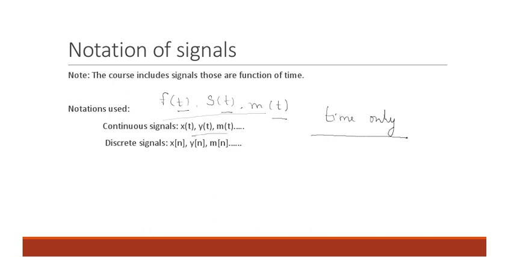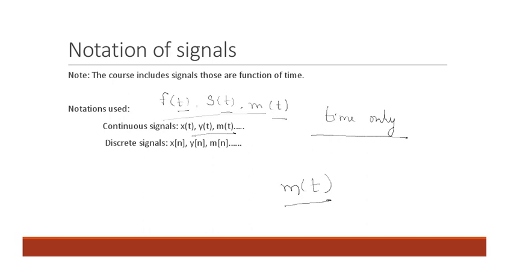What notations will we be using? Throughout, for a continuous time signal, we'll be using the notation wherein the independent variable is a lowercase t with parentheses, along with the name of the signal. This is the notation we'll be using throughout the course for representing a CT signal.